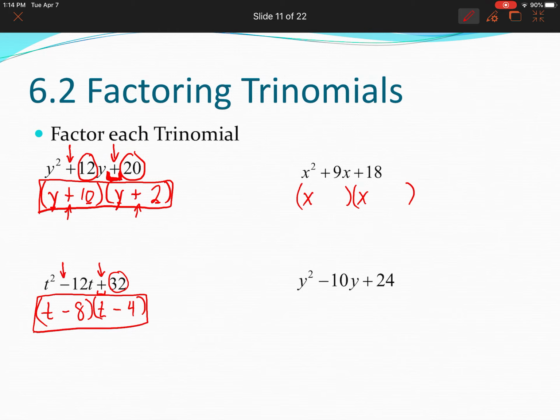Again, think about what multiplies to give 18. 6 and 3 will multiply to give 18, and they add to give 9. And then again, this sign tells me the signs are the same. This one goes to the biggest number, so the 6 is positive. Since they're the same, the 3 is also positive.